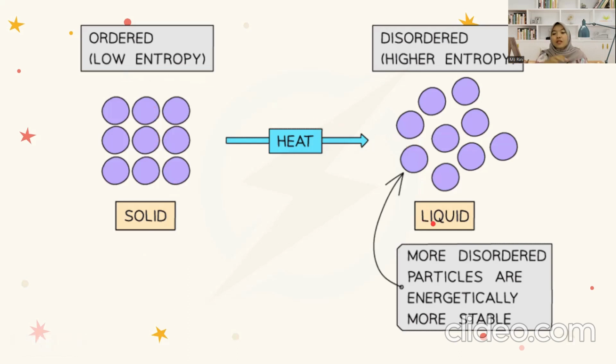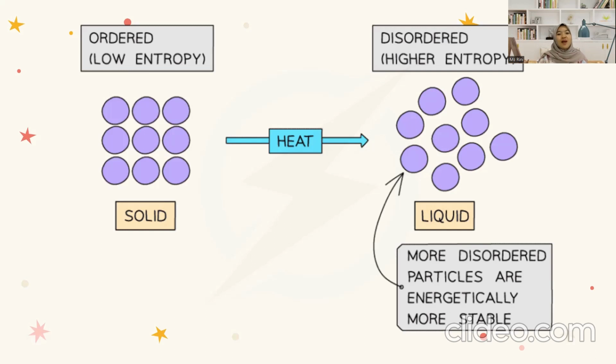And then compare with the liquid arrangement. Here, we have more distance. The distance is increased. So if we compare solid and liquid, the liquid is more disordered so it has higher entropy.